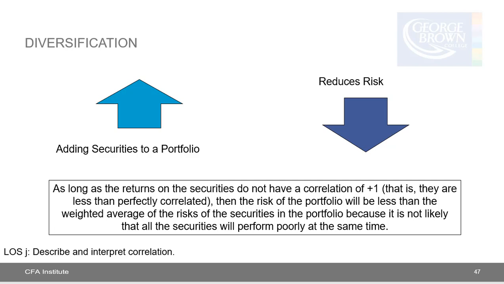So as long as the returns on the securities do not have a correlation of +1, that is, they are less than perfectly correlated, then the risk of the portfolio will be less than the weighted average of the risks of the securities in the portfolio, because it is not likely that all the securities will perform poorly at the same time, okay?